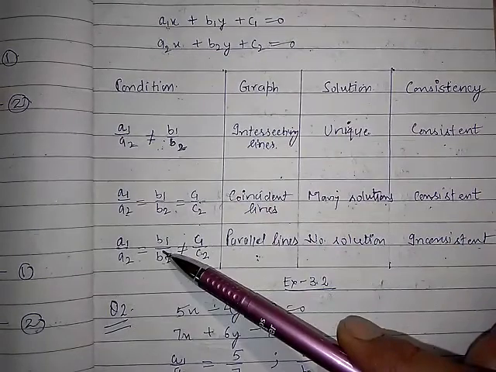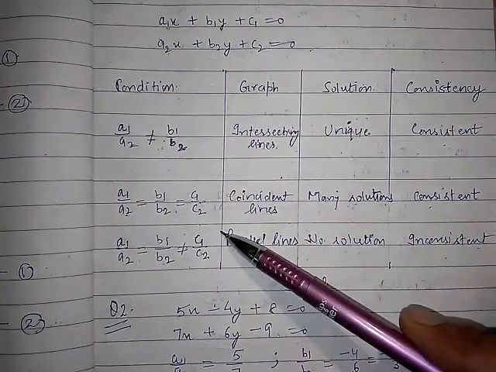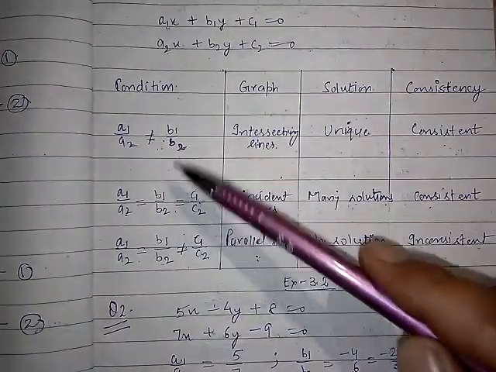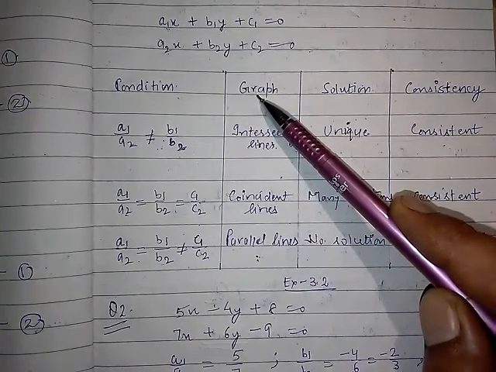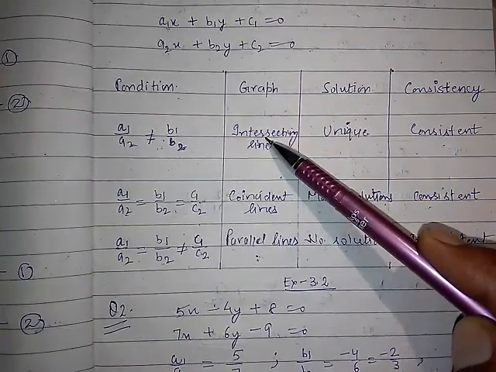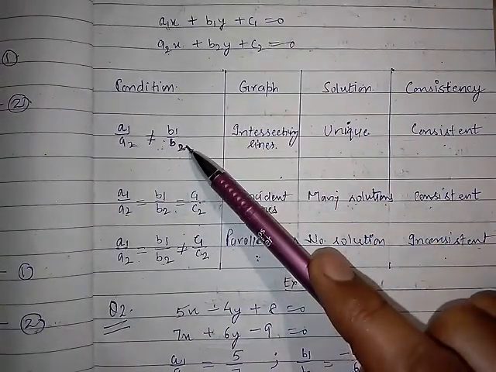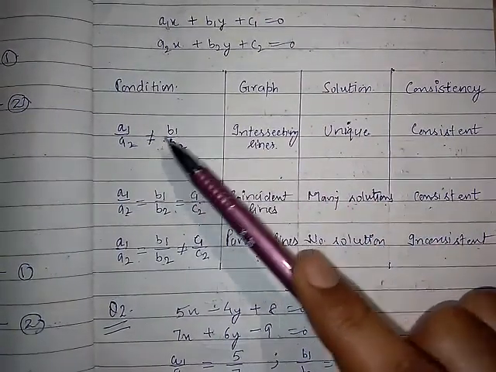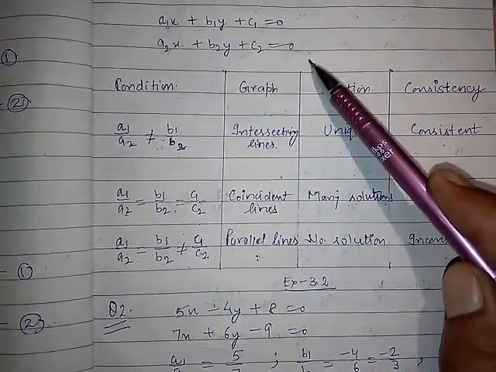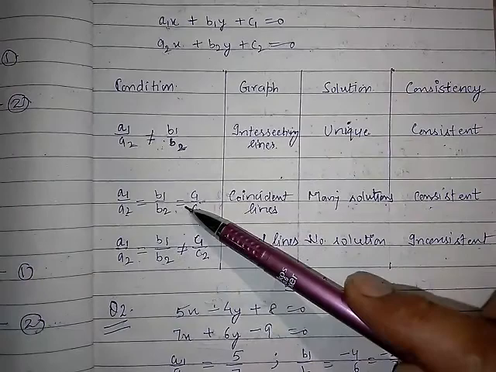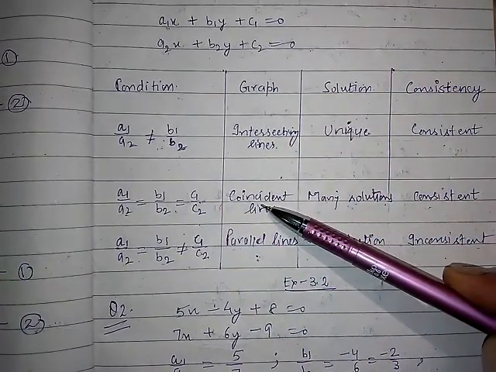Depending on the condition, which type of graph will there be? Intersecting lines. Clear? If the first two ratios are not equal, then the given lines are intersecting lines. If all the three ratios are equal, then the lines will be coincident lines, right?